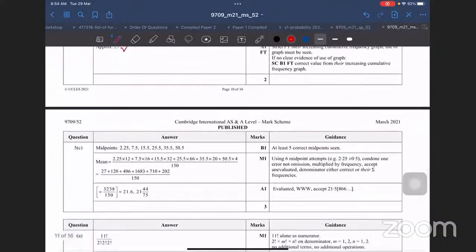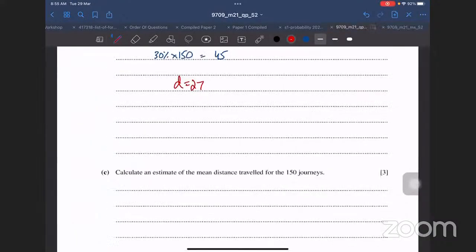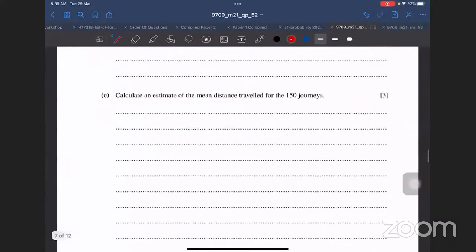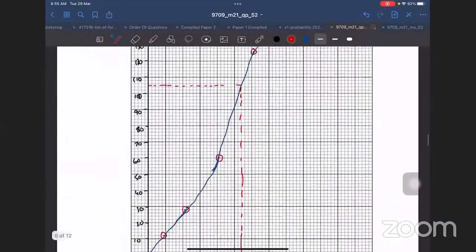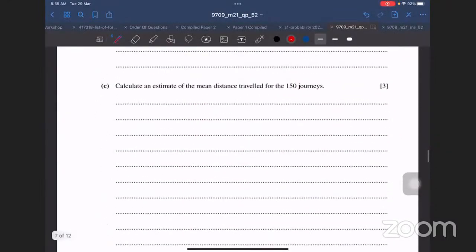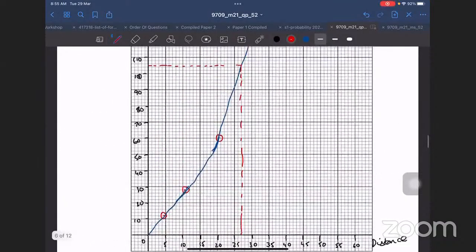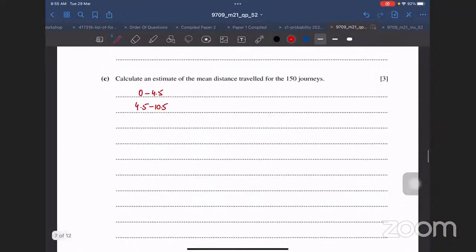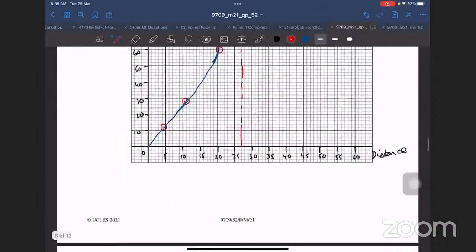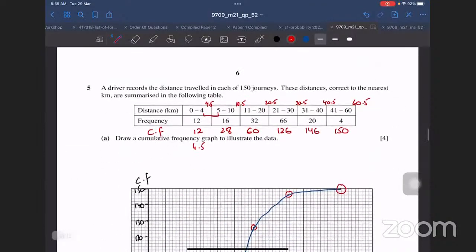Okay, I want to calculate the mean of the 150 journeys. So what I'm going to do is write my table again, because I need some space. Now, I'm going to write my adjusted table. These are the classes that I have now, 10.5 to 20.5, 20.5 to 30.5.